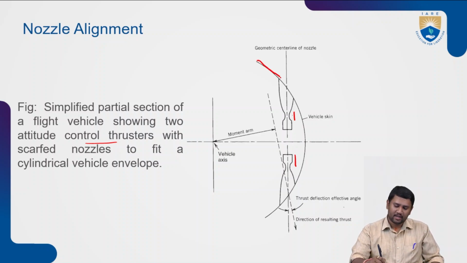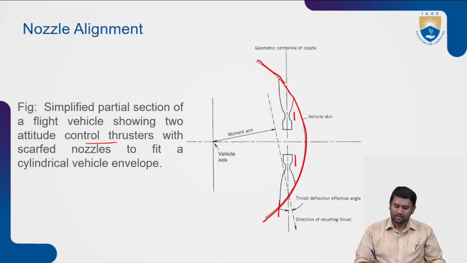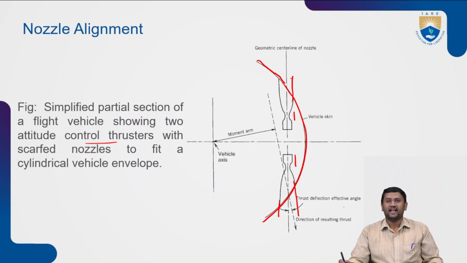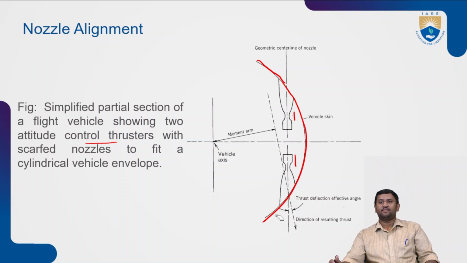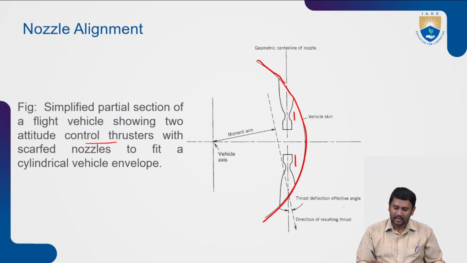Right? This is my rocket body. And this should be my complete nozzle. In order to maintain my aerodynamics, what we did, we basically removed this particular section of my nozzle. That gives me basically a cross section or half of my full length nozzle.